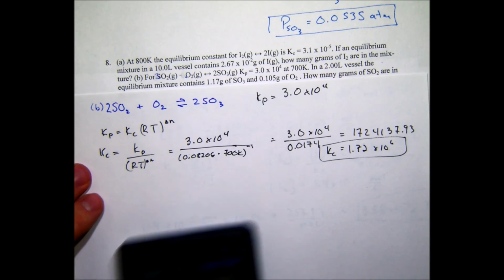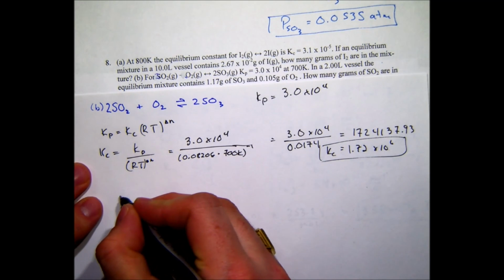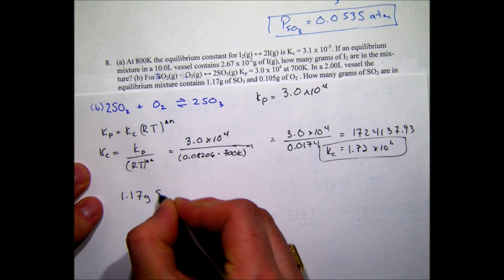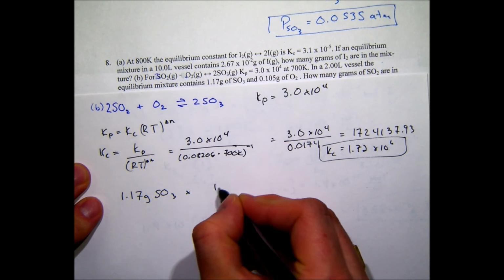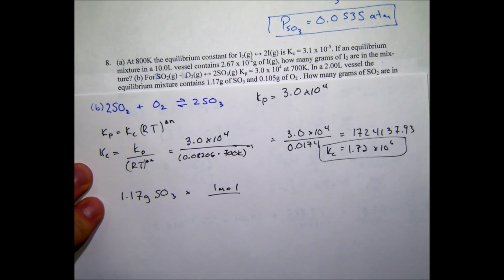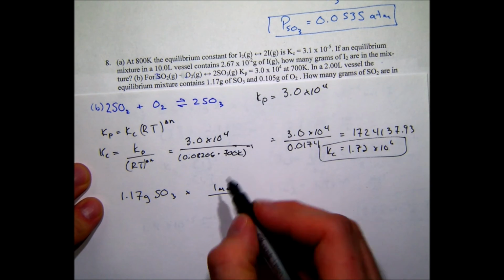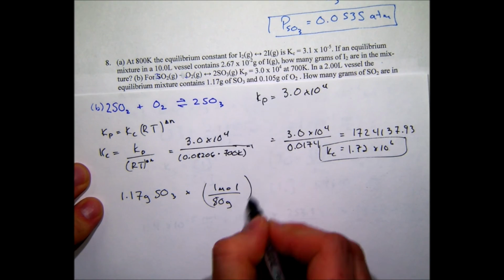So the next thing is we have grams. 1.17 grams of SO3. We have to convert this to moles, just like we've done earlier. I think it is 80 grams per mole.